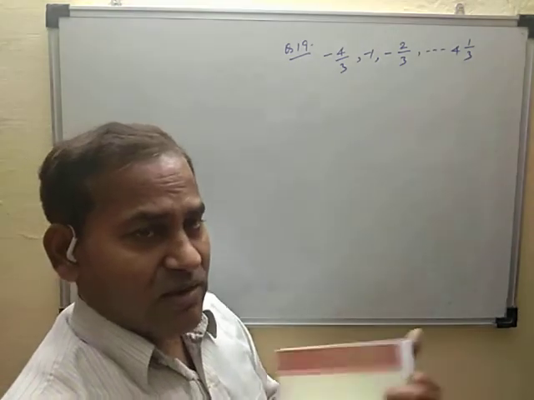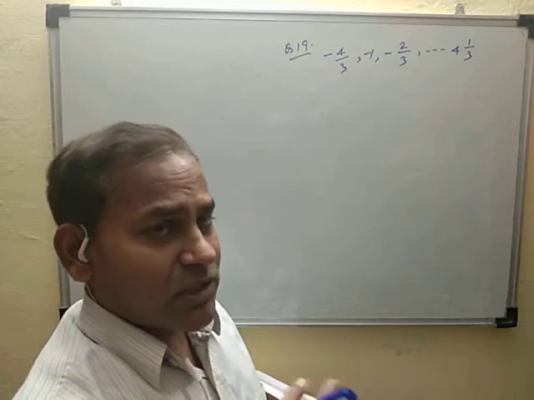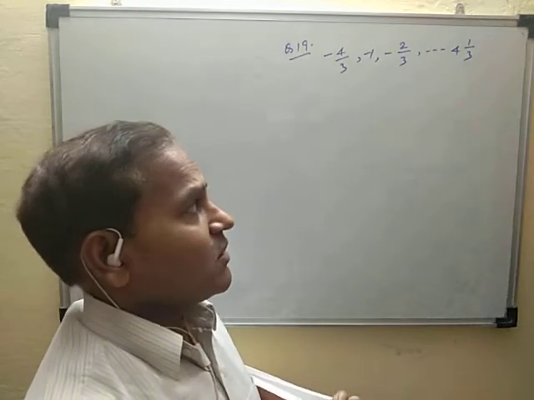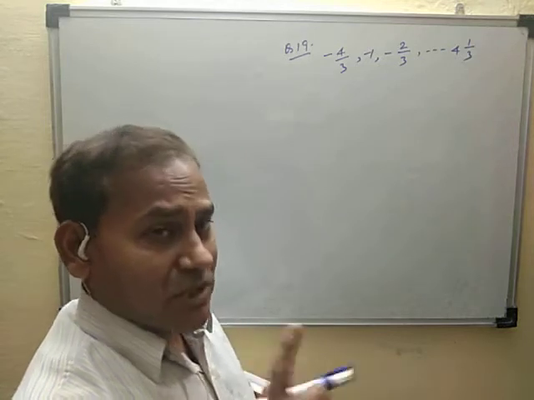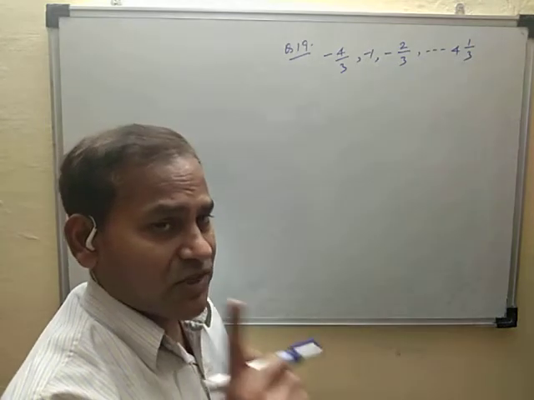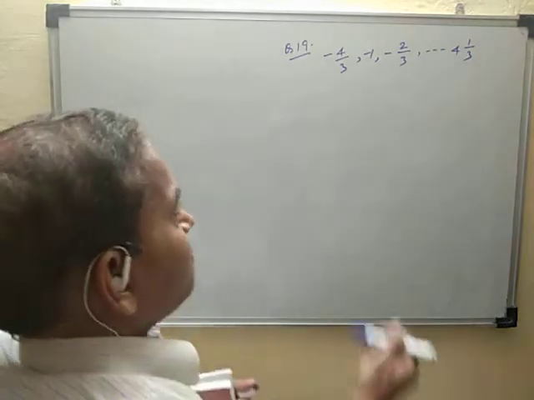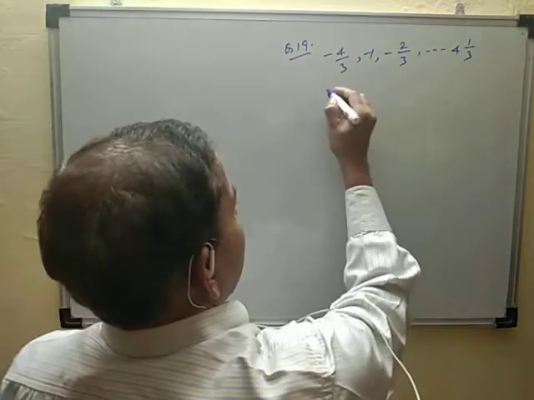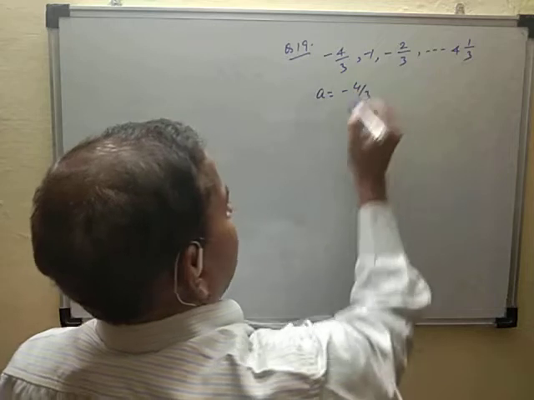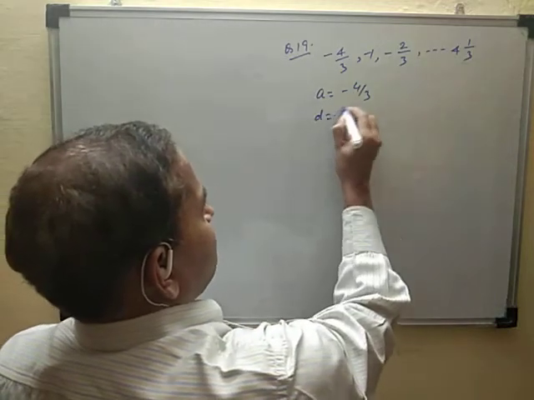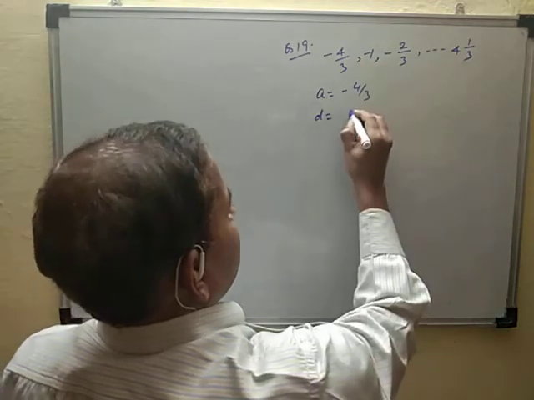So first find what are the two middlemost terms. For this, first you have to find how many total terms there are, that is, first find n. So this is the given AP. What is A? Here A is equal to minus 4 by 3 and D is equal to second term minus first term.